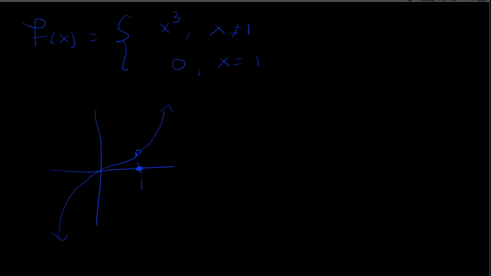It'll be something like this. So let's look at the limit as x approaches 1 from the left of f of x, the limit as x approaches 1 from the right of f of x, and then the limit as x approaches 1 of f of x.